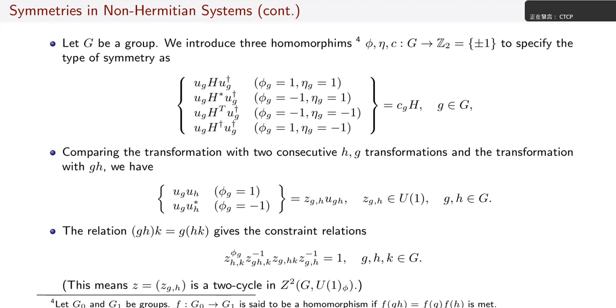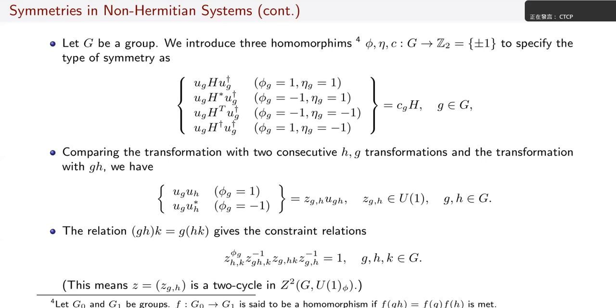We can show that comparing successive transformation by H and G with the transformation by G times H, we have this constraint. If phi of G is 1, meaning there's no complex conjugation, then UG times UH should be proportional to UGH up to U1.